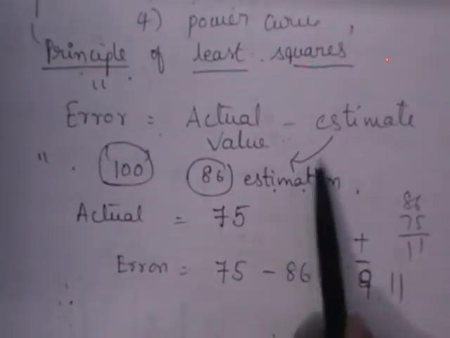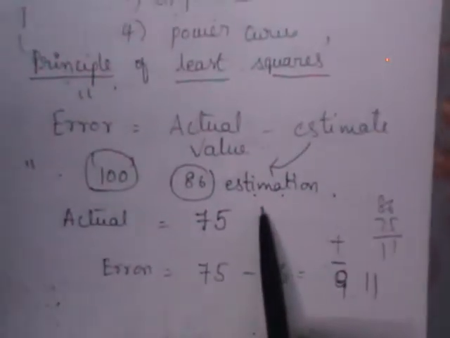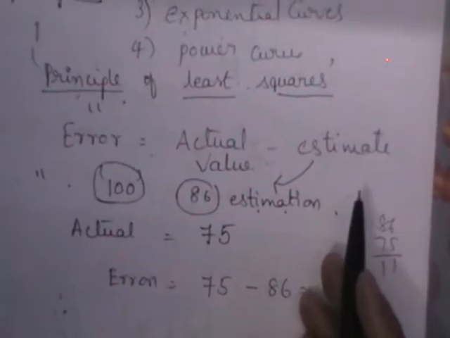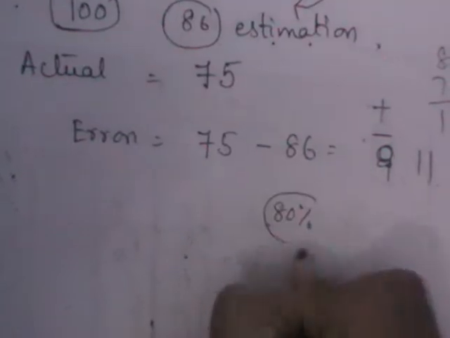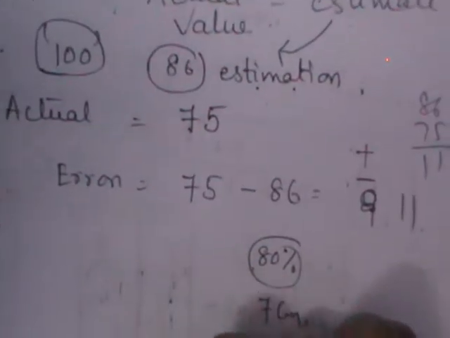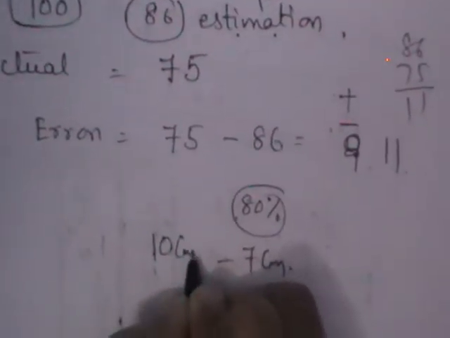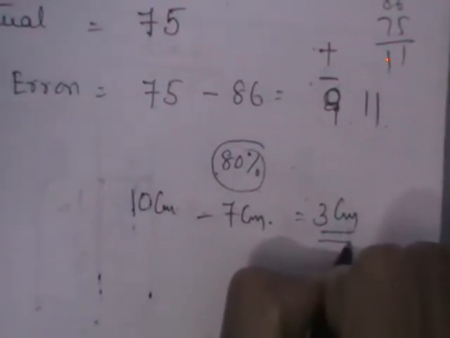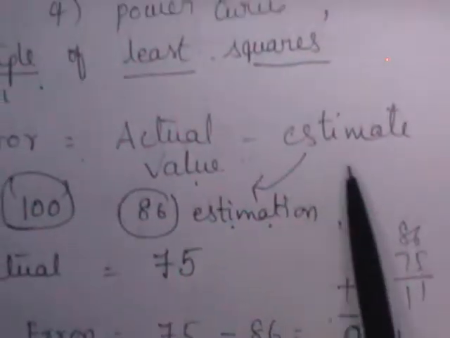Before getting the actual values, you always have a prediction. What is the chance of raining? You'll have something like an 80% chance it may rain up to 7 centimeters. That is the expected rainfall. But after the particular time we observed 10 centimeters of rainfall. What is the error there? The error is 3 centimeters. Error in general, not related to statistics, we define as the difference of actual value minus estimated value.